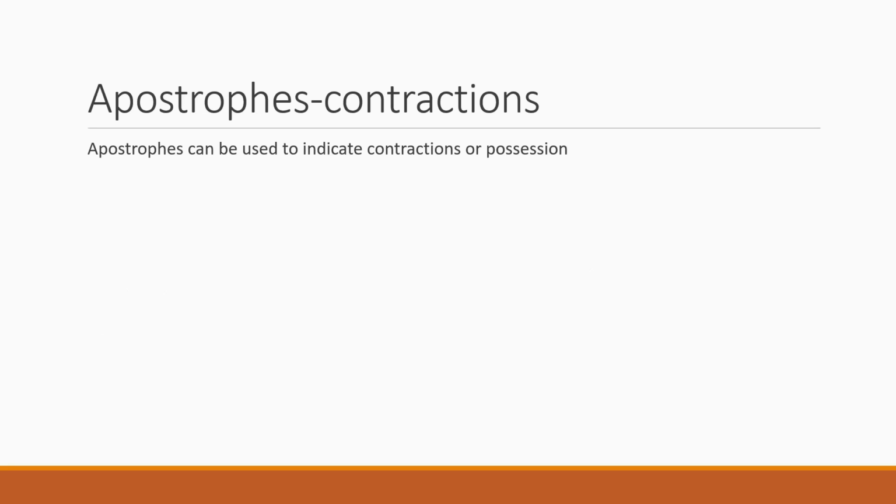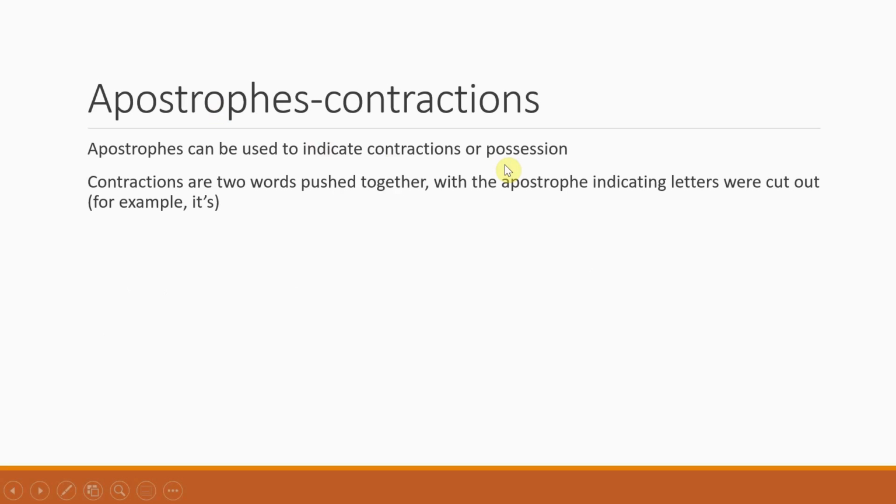Apostrophes can be used for only two things: contractions and possession. Contractions are when you have two words, you push them together, and you're just going to try and throw away some letters to make it shorter. The apostrophe is going to let you know that's where some letters were cut out. For example, look at the word it's.